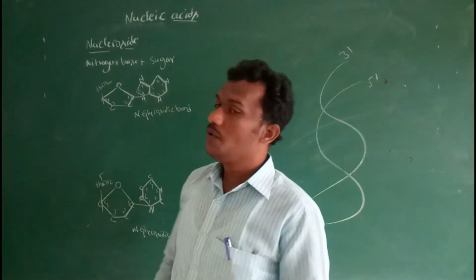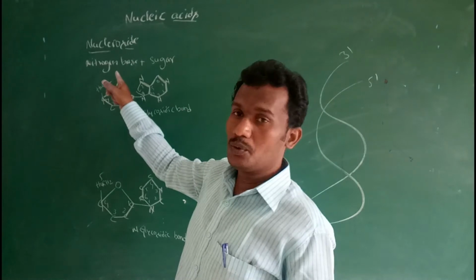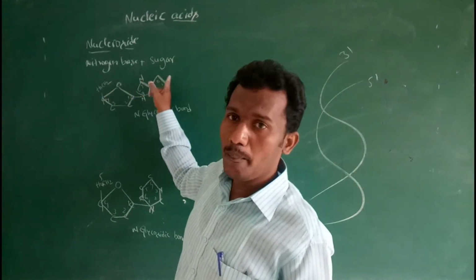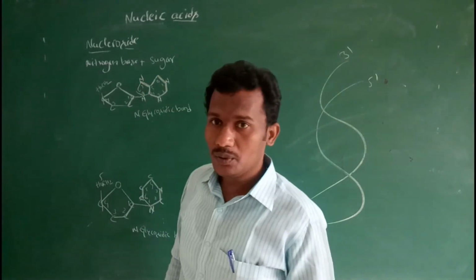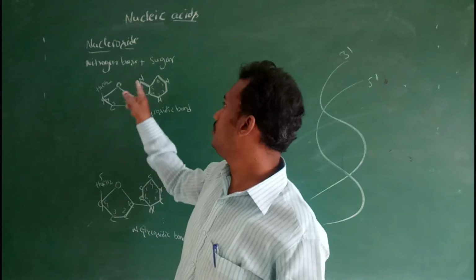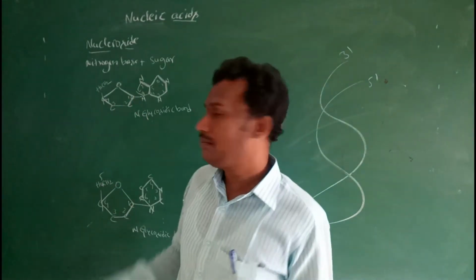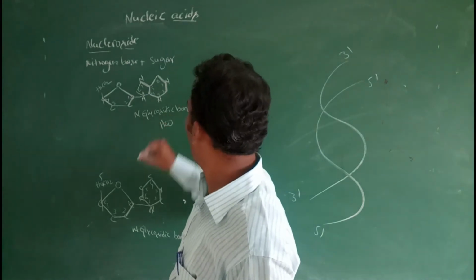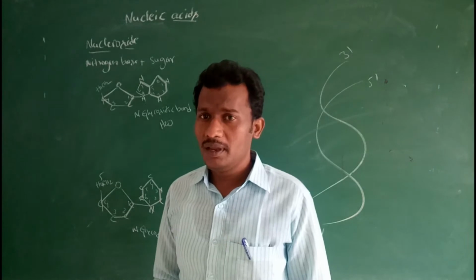Next one, nucleoside. Nucleoside means the nitrogen base joined with pentose sugar. A nitrogen base linked with pentose sugar through the N-glycosidic bond is known as a nucleoside, by dehydration, the elimination of a water molecule. Any nitrogen base, purine or pyrimidine.